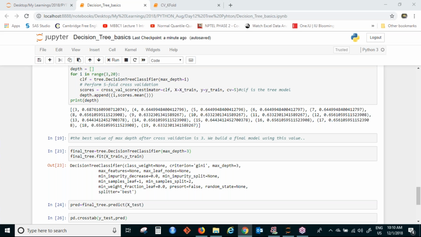So this is pretty much what I had for today's class. We had covered cross validation, remember, in the last class. I just wanted to walk you guys through the codes that are there in cross validation.